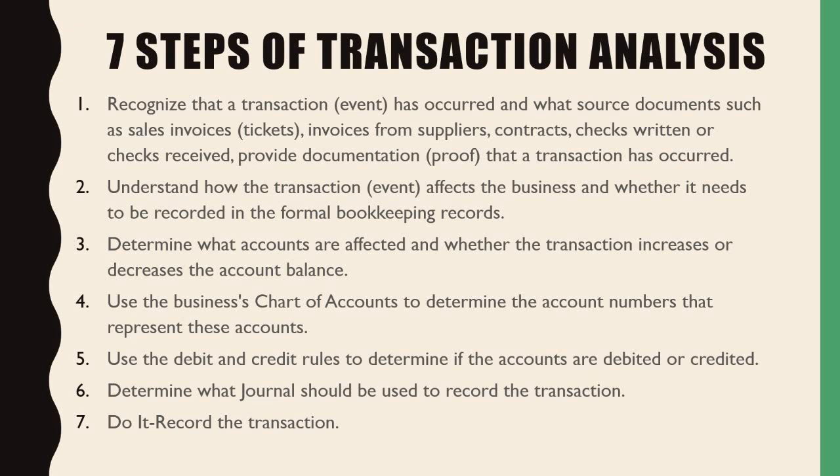Now, once I've determined that, number 4, I go to my business chart of accounts to see if there is an existing account for that. So do I have an account for equipment, and do I have a business credit card account? In most cases, those are generic accounts that you should have regardless of what kind of company you are.